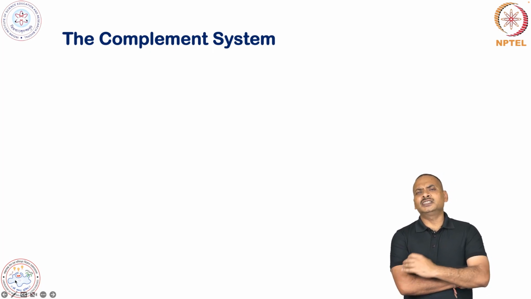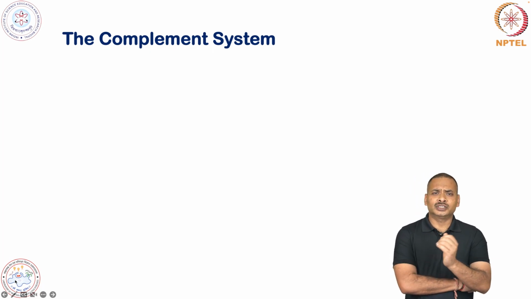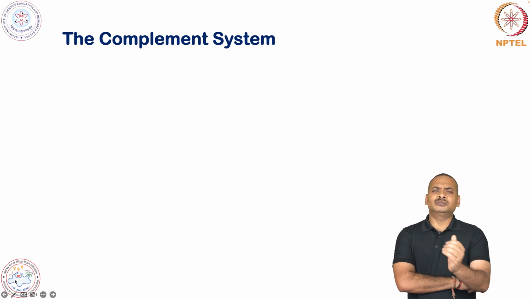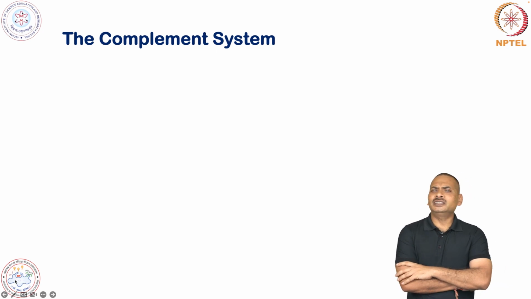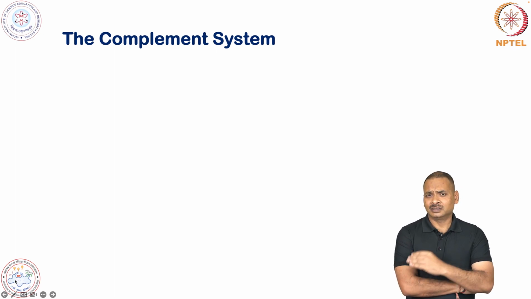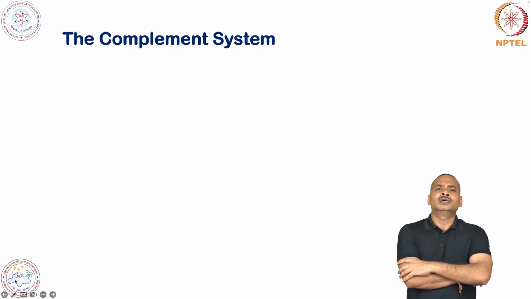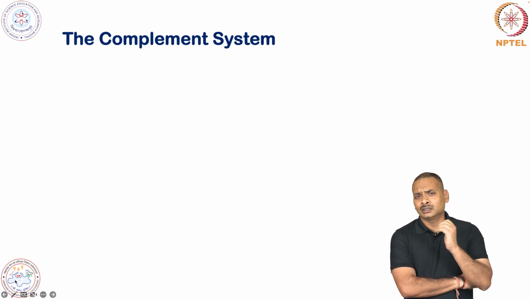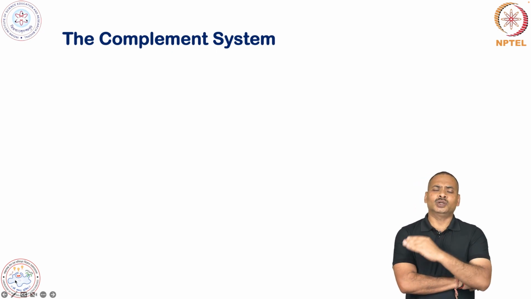He performed a series of experiments using Vibrio and guinea pig, using antiserum and serum, and he finally concluded that there is some factor in the serum which plays an important role in bacteriolysis.